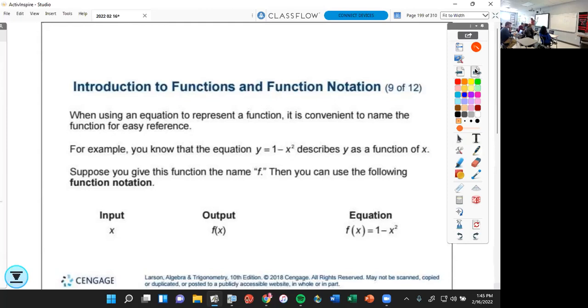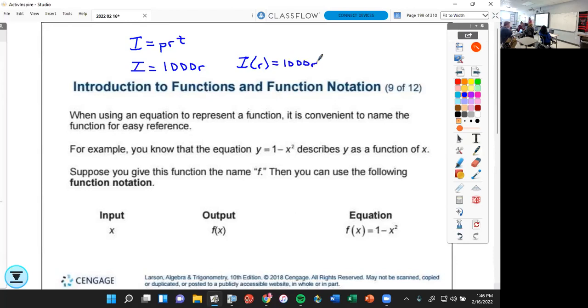The basic equation was I equals PRT, and what they had it set to was I equals 1000R. What does I stand for? Interest. So instead of writing I equals, I could actually change this to I of R equals 1000R.